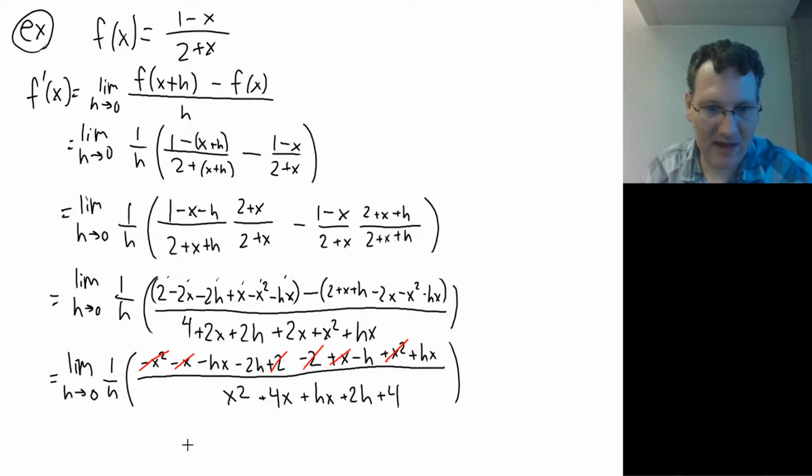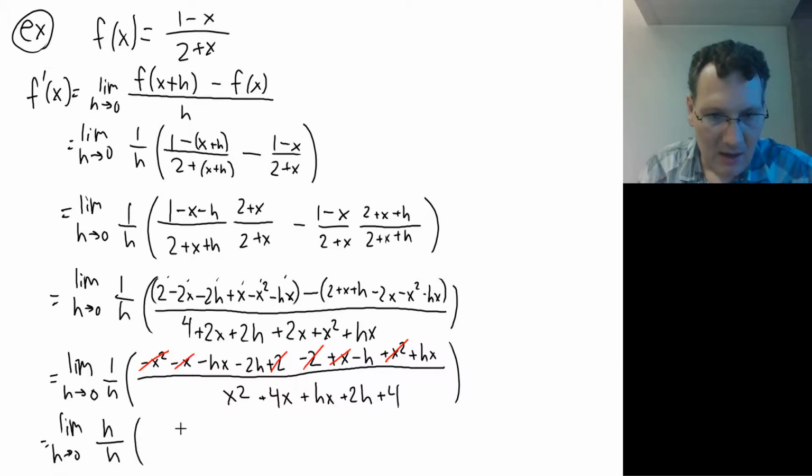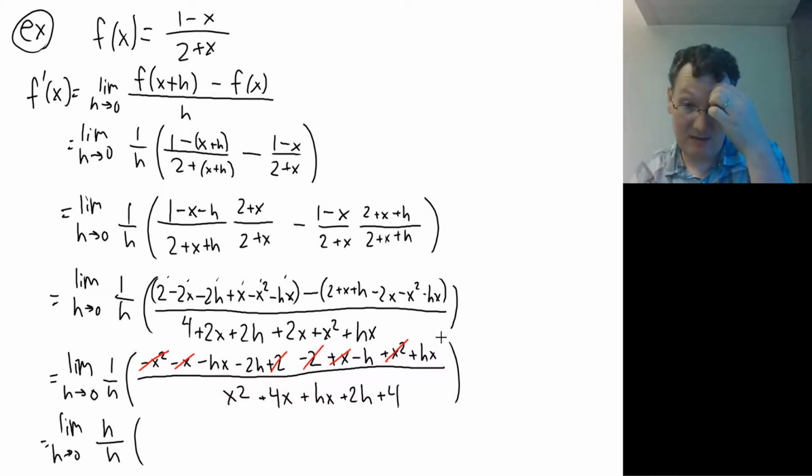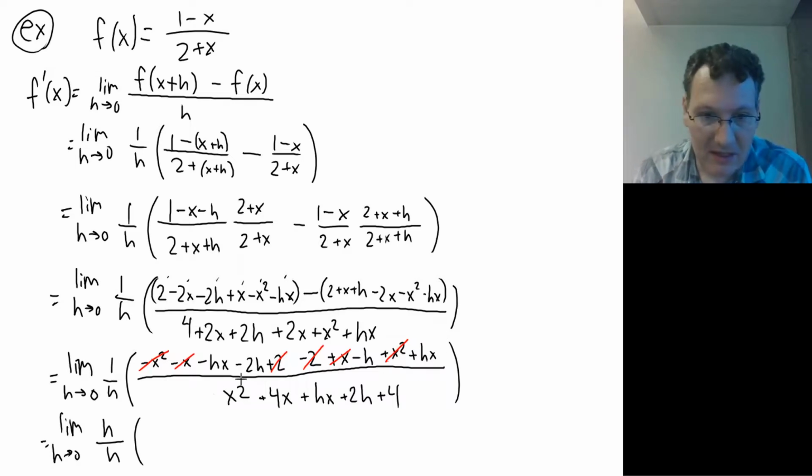Now, if I was to factor out an h from the numerator, what's left over is, actually, now that I notice it, we've got a minus hx and the plus hx also canceled.